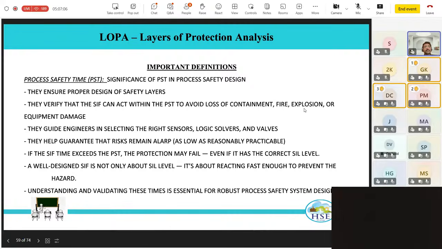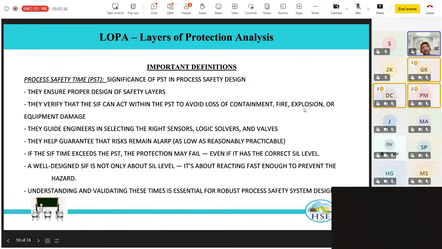Essentially, the cumulative total of all that should be less than the process safety time. So that helps engineers select the right sensors. Many times there could be different types of sensors with different response times, like your level gauges or guided wave radars. So these would have different times, and in that case you look at it with regard to process safety time. Similarly for logic solvers, PLCs are supposed to have a faster scan rate than your DeltaV systems.